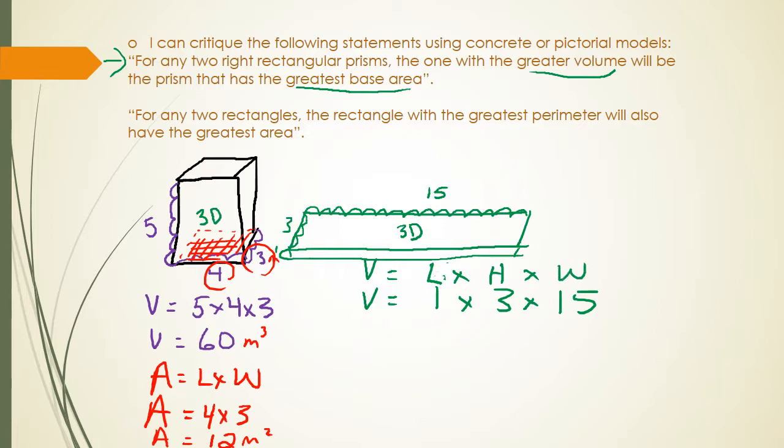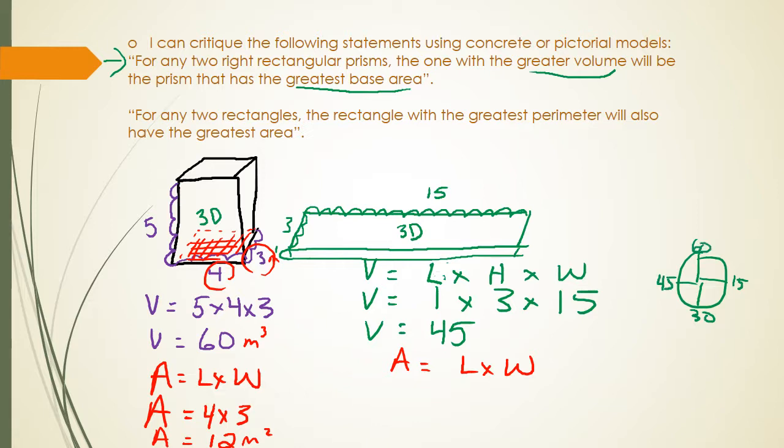And for our area, just length times width. Okay, back to our green guy. Volume, 1 times 3 is 3, 3 times 15. Think about time. Here's a clock. There's 15, 30, 45, and 60, right? So 15 times 3, 45.